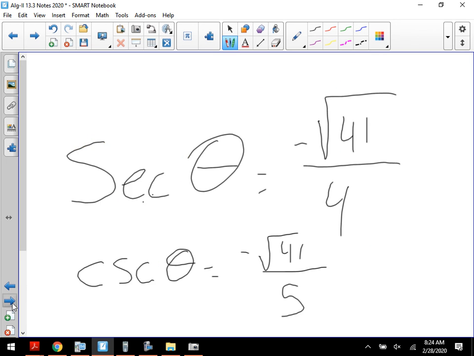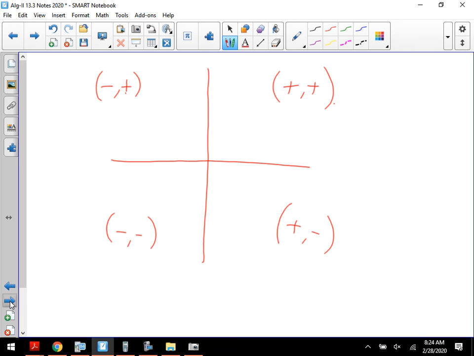So when we get to this, what's positive divided by positive? Positive. Is tangent positive or negative in the first quadrant? Okay. What's positive divided by negative? What's tangent in the second quadrant? What's negative divided by negative? What's tangent in the third quadrant?